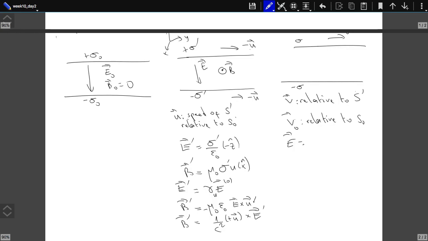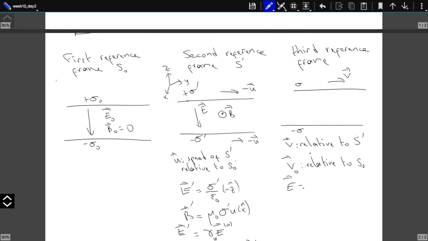Now we go to the third reference frame, which is moving with a velocity.